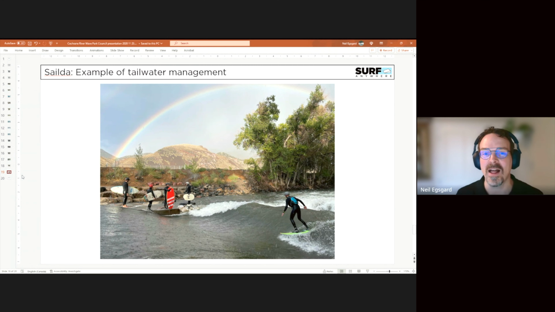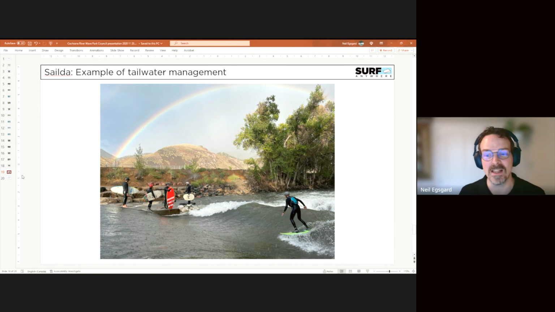The issue is waves are not hard to build. The concepts are very simple. Any river project is really hard, but the engineering of river waves is not incredibly challenging. Any good river engineer around the world could engineer a river wave.